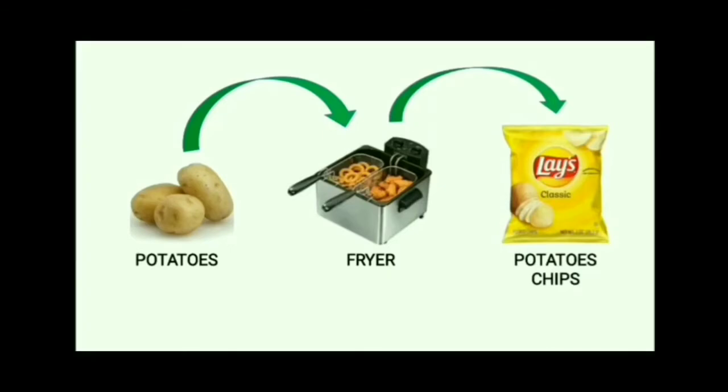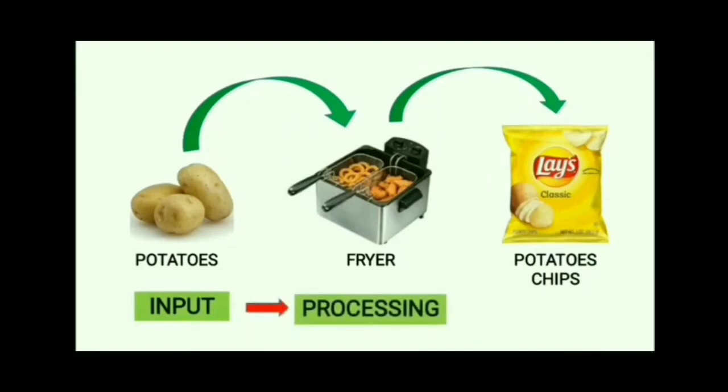So what happened here, children? Again the process is repeated. First we use the input, which is potatoes here, then we put the input in the fryer for processing, and at last we got the final, desired result, that is potato chips.